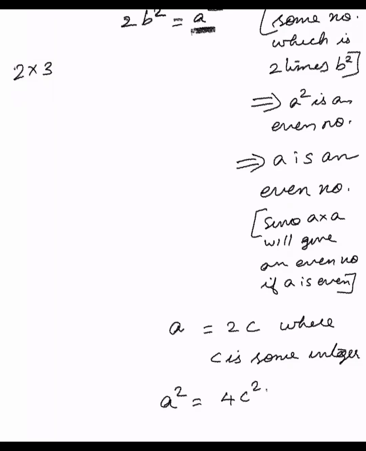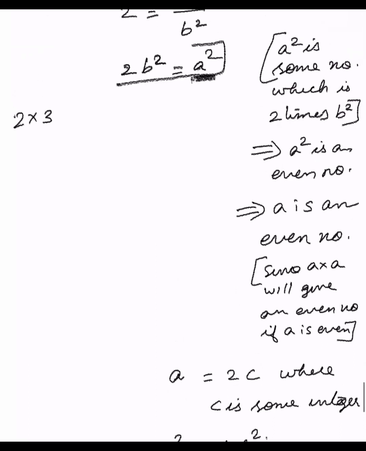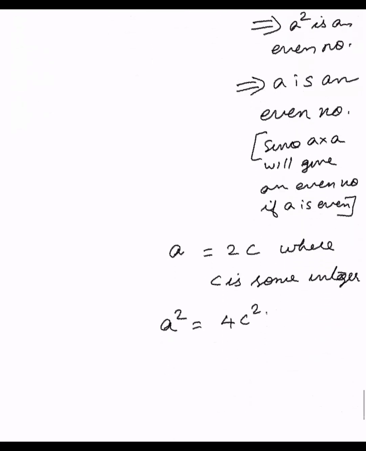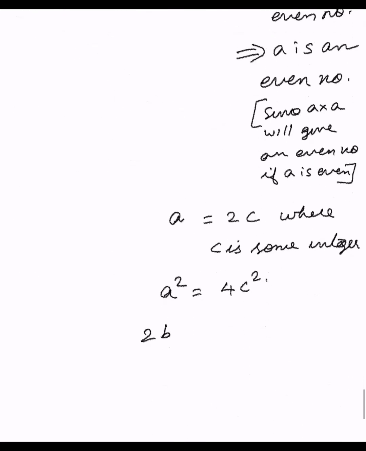Now what is a square? A square is 2b square, right? A square equal to 2b square. In the place of a square, can I write 2b square? So I am writing in the place of a square, substituting the value of a square from equation 1.